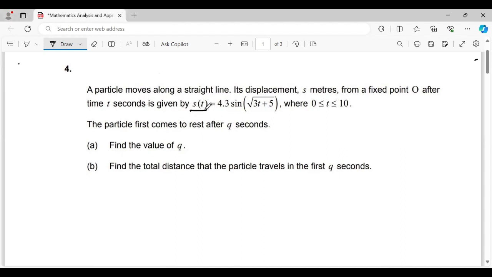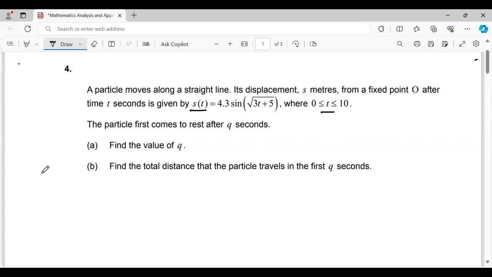This is the displacement function, 4.3 sin(square root of 3t) plus 5, where t is between 0 and 10. The particle first comes to rest after q seconds. Find the value of q, and find the total distance that the particle travels in the first 2 seconds.